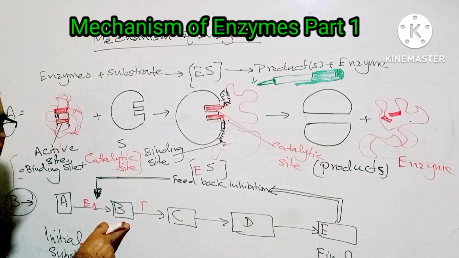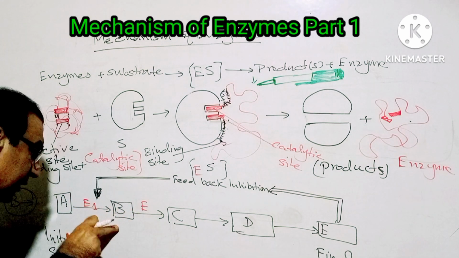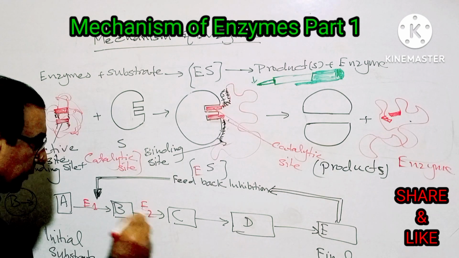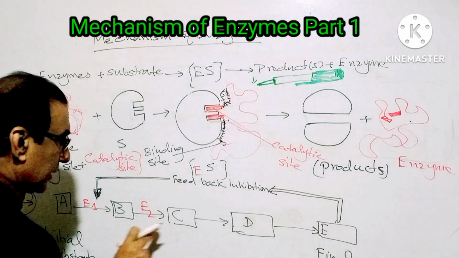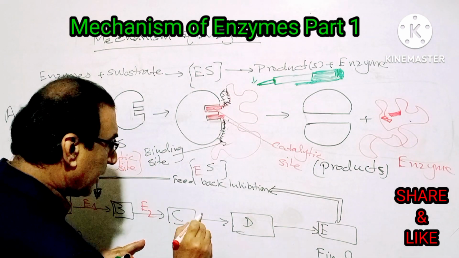The product is formed, which would be an intermediate product. Then on this intermediate product, enzyme 2 acts. Then this next product is formed, which is acted upon by another enzyme.